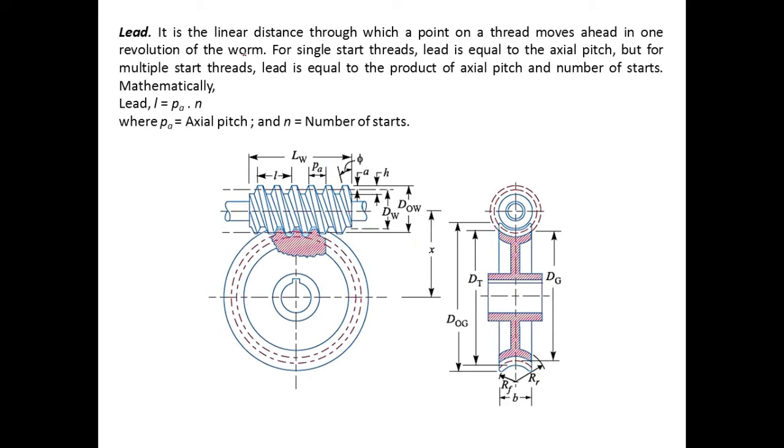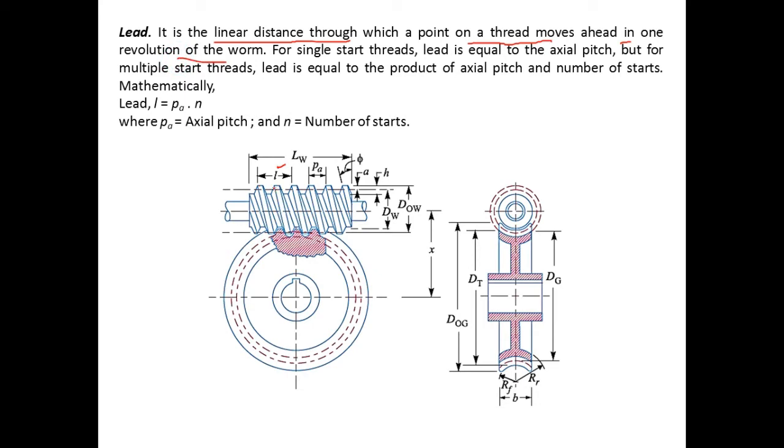Then lead. It is the linear distance through which a point on a thread moves ahead in one revolution of the worm.